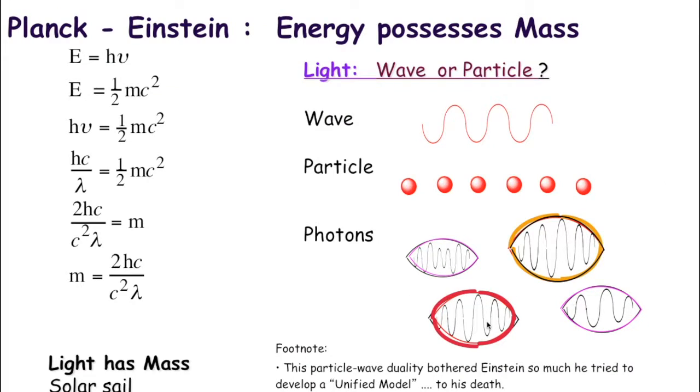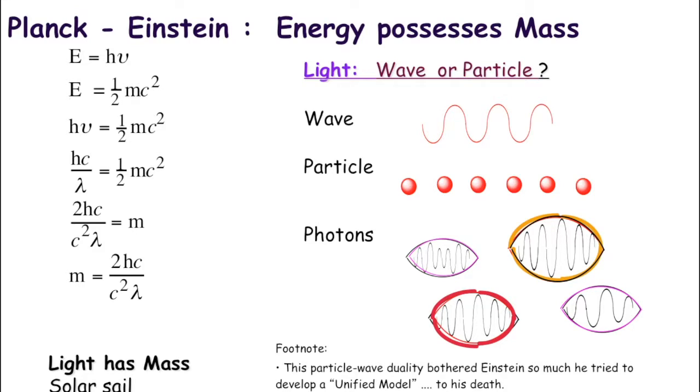So, back at the turn of the 19th century, 1890, 1900, scientists were trying to probe the atom, trying to get a better idea of what the parts of the atom were, and they were using light to give an idea of that.